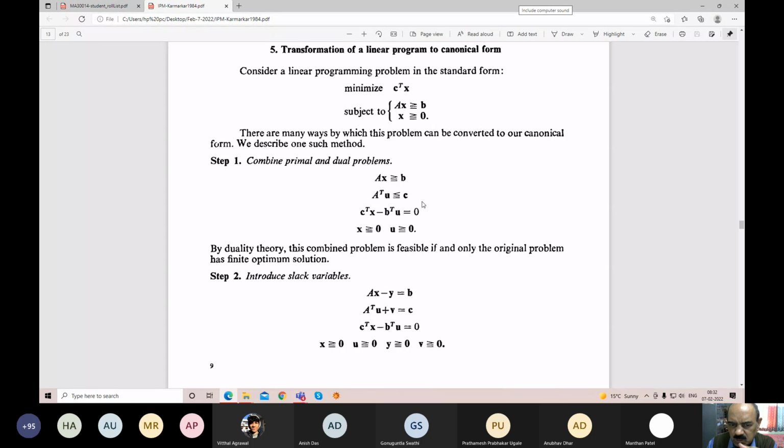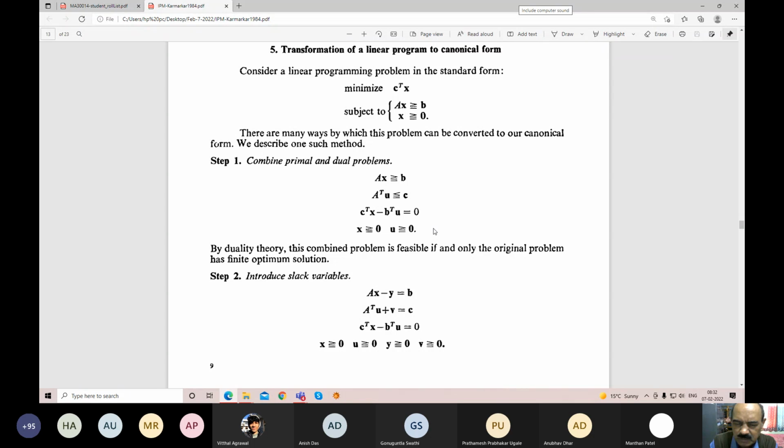For simplicity, take a maximization problem, because I am solving a maximization problem. Find the dual and merge it. If it has an optimal solution, the optimum of the primal is the same as the optimum of the dual. That is the strong duality theorem.